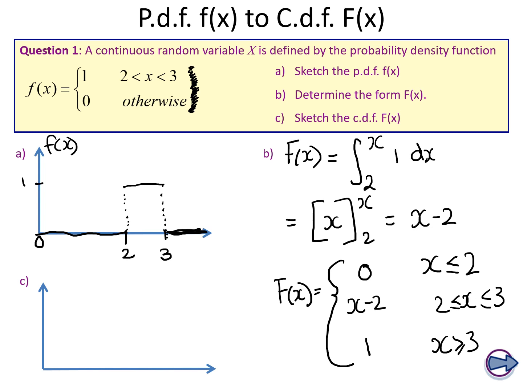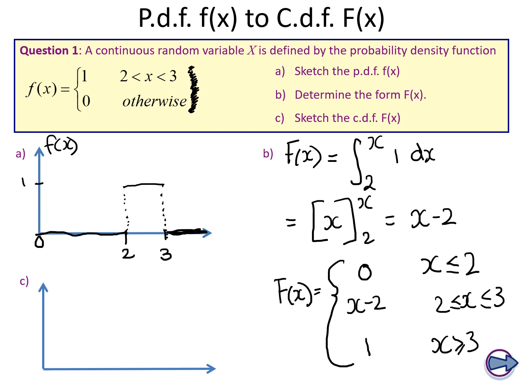So less than or equal to 2 is practically the same as less than 2, because it actually equaling 2 is practically nothing. And you can see if you put 2 into this equation, you get 0 anyway.